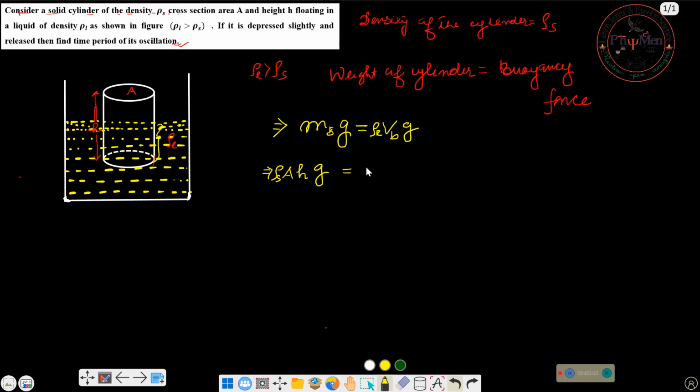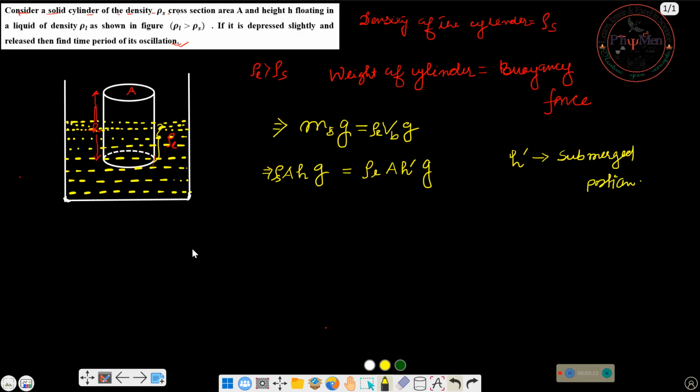Then for rho l, we don't know the volume of the body submerged, so we'll write it as A h dash, where h dash is the submerged portion, or submerged height.